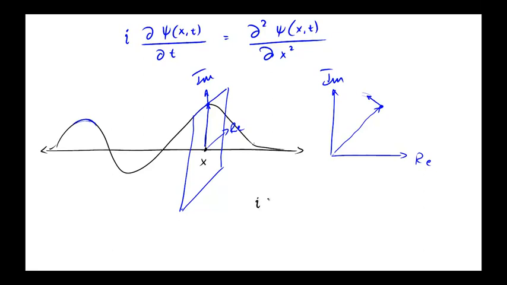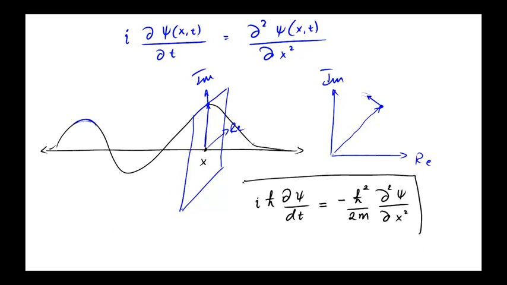It has the form i h bar d psi by dt is minus h bar squared over 2m d2 psi by dx squared, where h bar is the reduced Planck's constant and m is the mass of the particle. Okay, so we're going to look at this precise form of Schrödinger's equation in the next lecture. But for now, I just wanted to give you some intuitive feel about what it might be telling us about the evolution of the system.